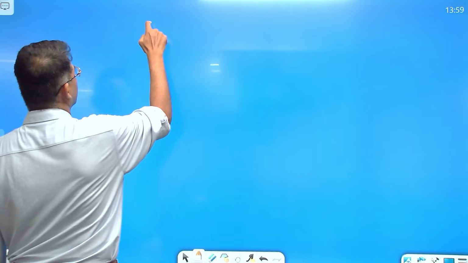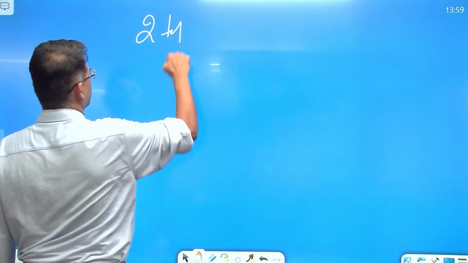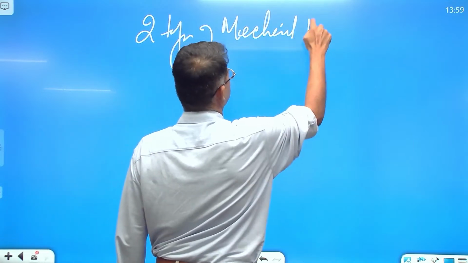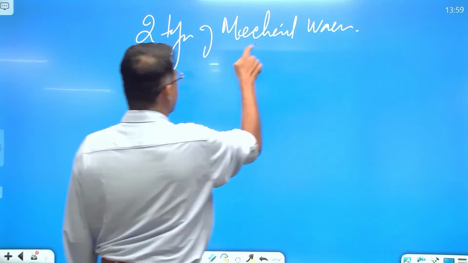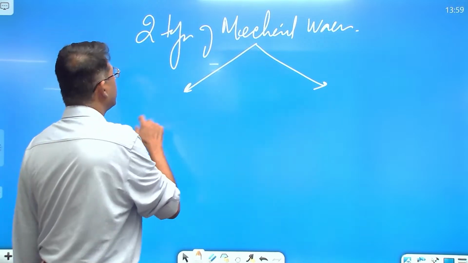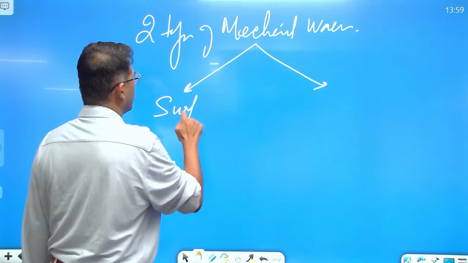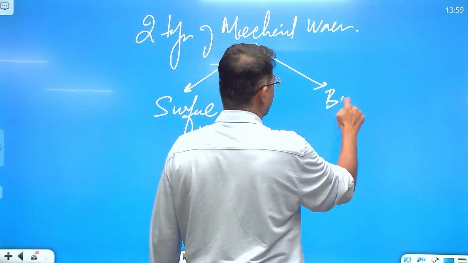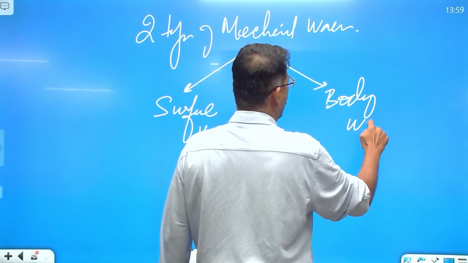There are two types of mechanical waves. One, surface waves, and two, body waves.